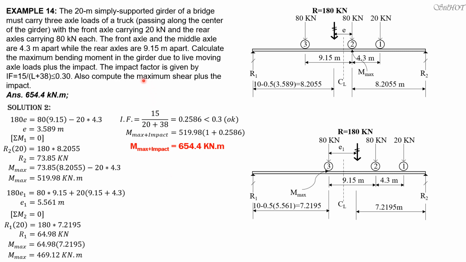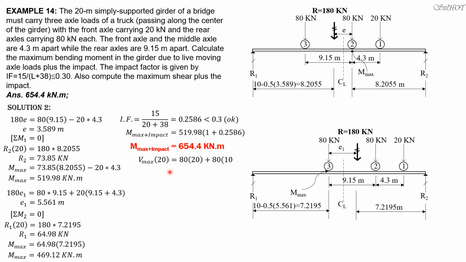Then the maximum shear is the reaction, and because R is closer to 3 than that one, we position load 3 over R1.